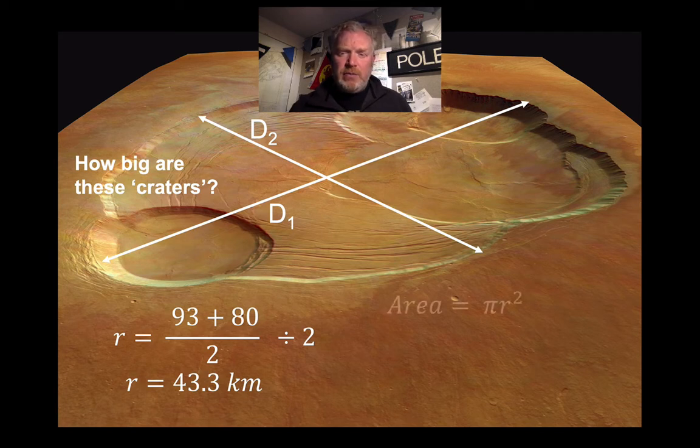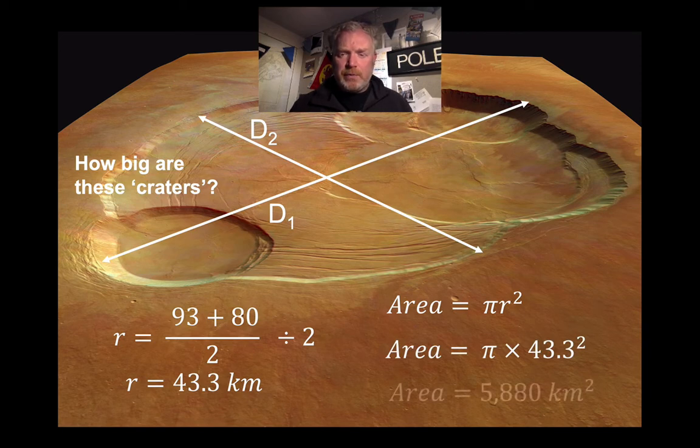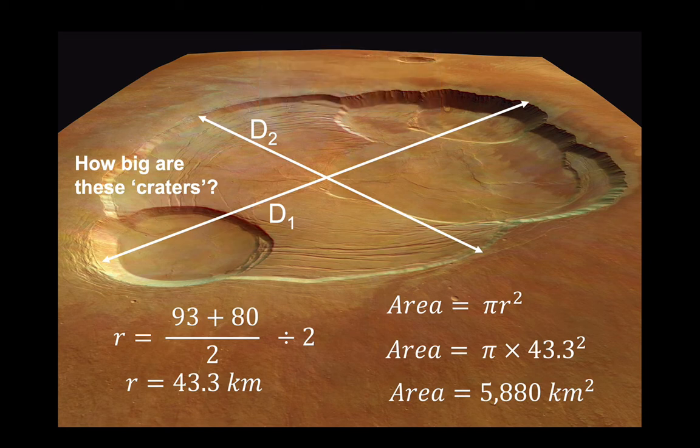To work out the area then, I use pi r squared. So it's pi times 43.3 squared, which gives an area of these craters of 5,880 square kilometres. Just to put that into perspective, that's over a quarter of the size of Wales. And that's just the craters, remember.